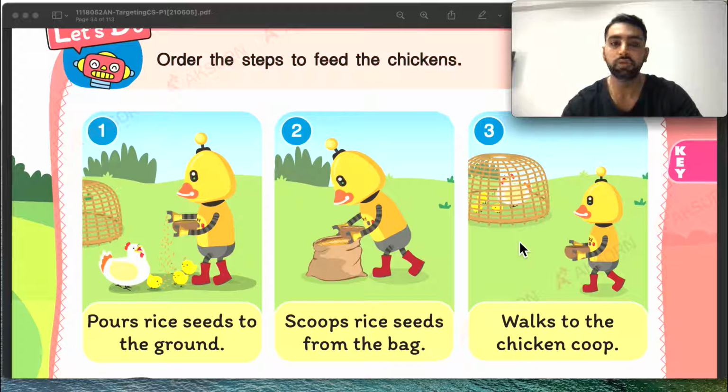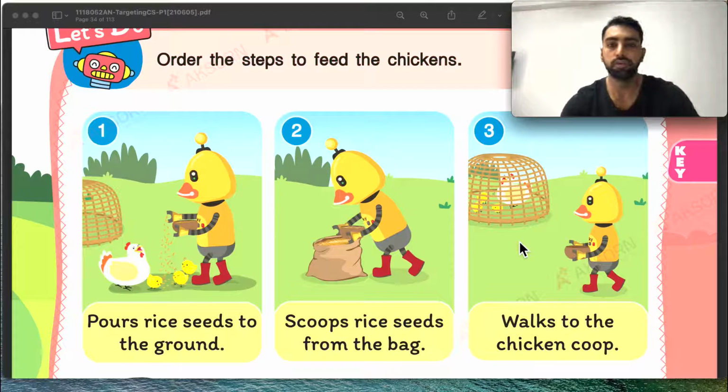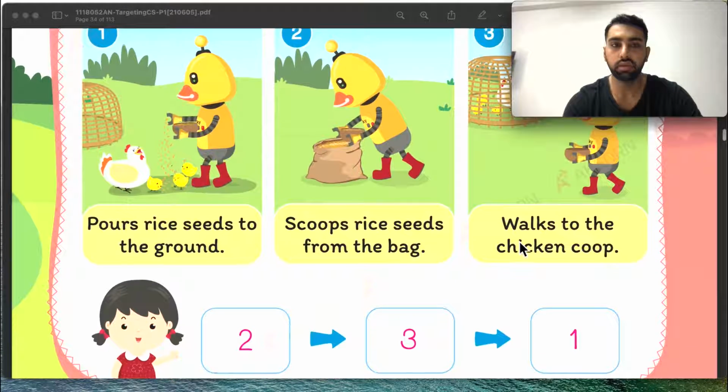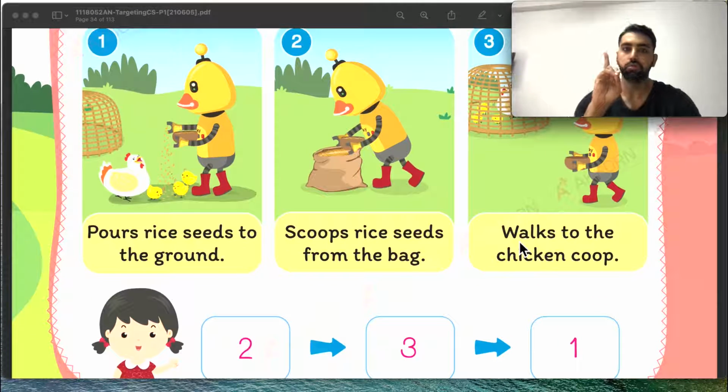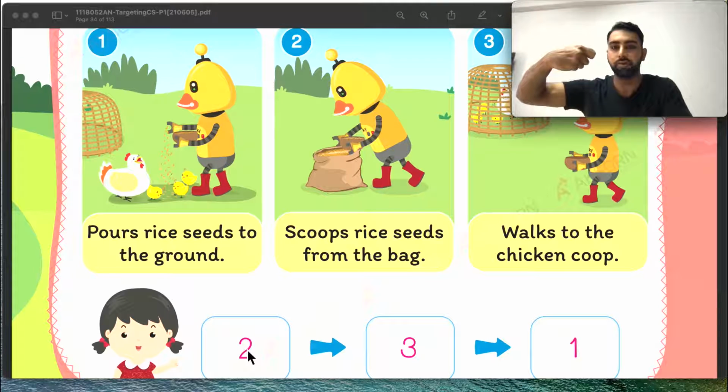Okay, which one should be first? Should he walk first, or pour first, or number 1? Let's figure it out. As you can see, first is number 2: scoop the rice from the bag.